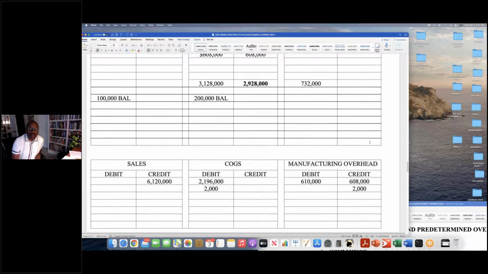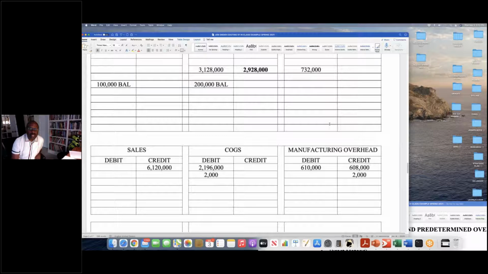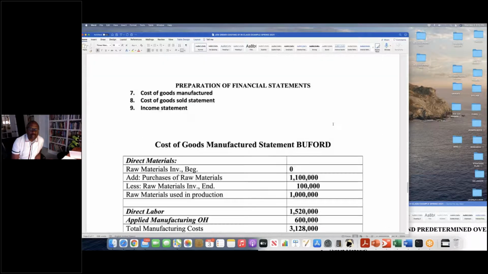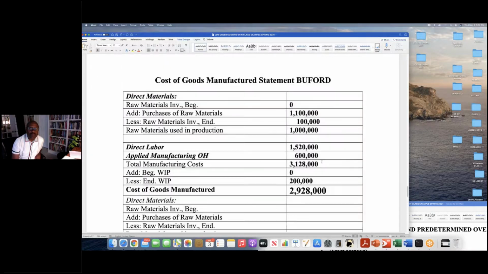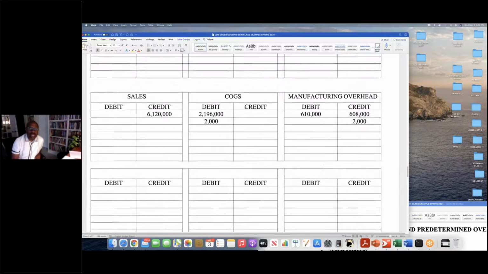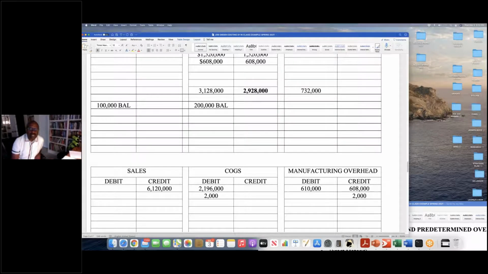So this is here. Then it's gonna ask you for the ending finished goods. We look at our T account: ending finished goods 732.